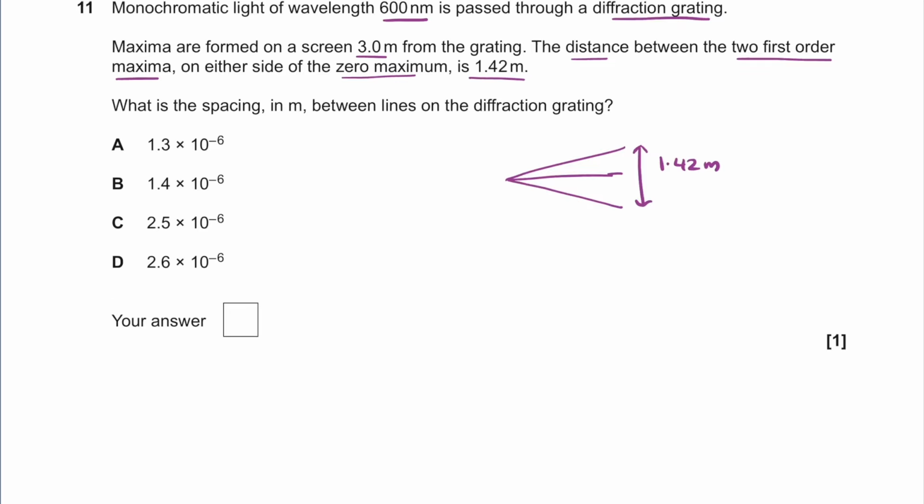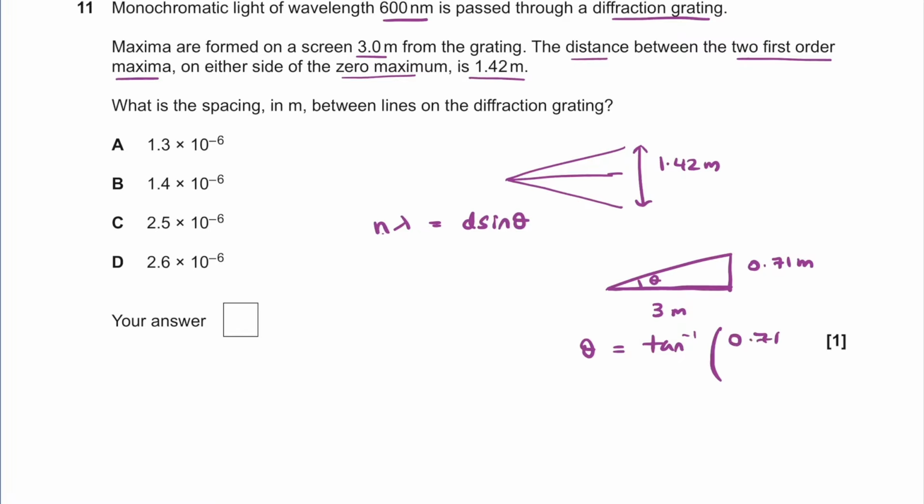So we know we have to work out d, and we know n lambda is equal to d sine theta. So we have to work out the value of theta given a bit of trig. So this is going to be angle theta over here, and this distance is 3 meters, and this distance is 0.71 meters, and so theta is equal to tan inverse of 0.71 over 3, which gives me 13.3 degrees.